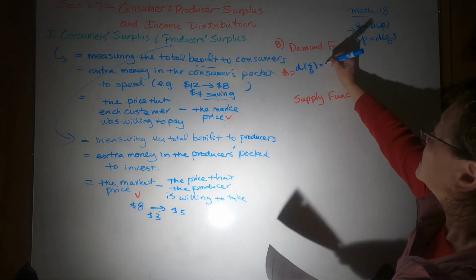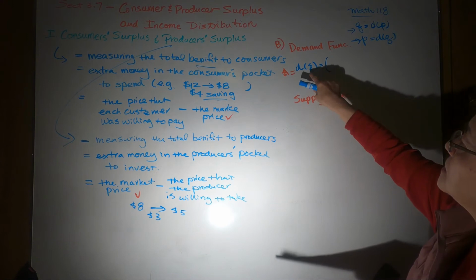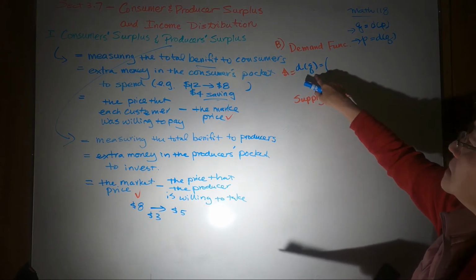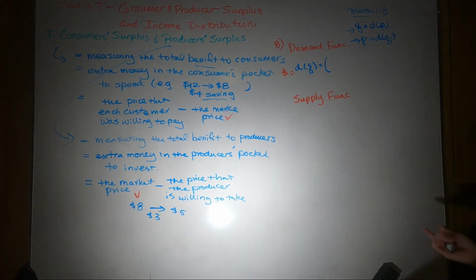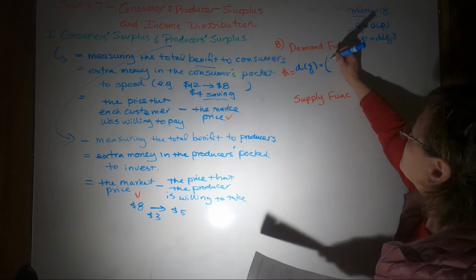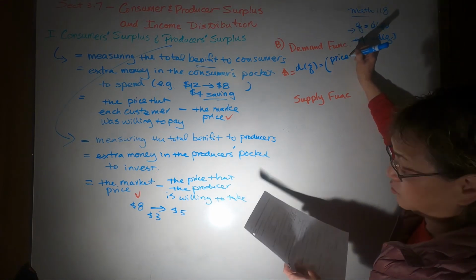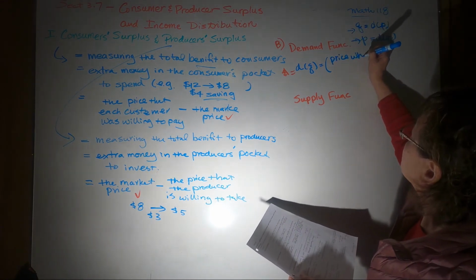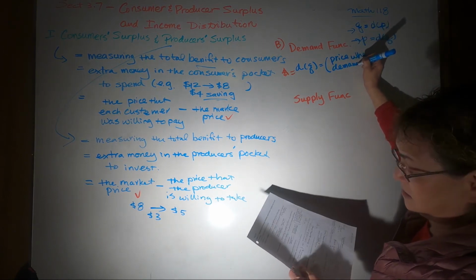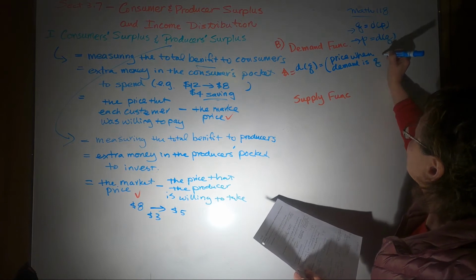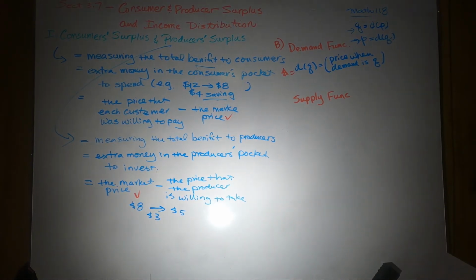So if that means we talk about the function of the quantity, then for the demand, that means what? We are talking about the price according to the quantity, right? So let's do the price when demand is Q quantity, right?